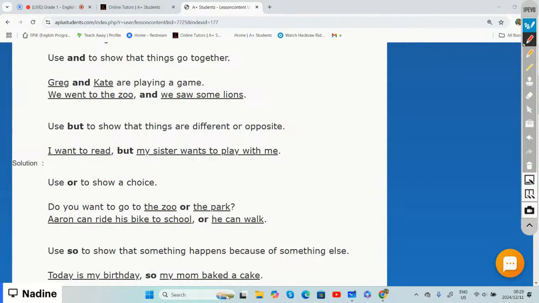And we can use the word but within a sentence to join two sentences, by showing I want to read, but my sister wants to play with me. That shows that something is different because you want to do something, but your sister wants something else.